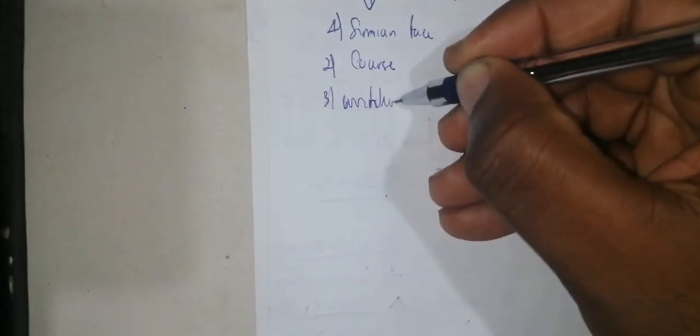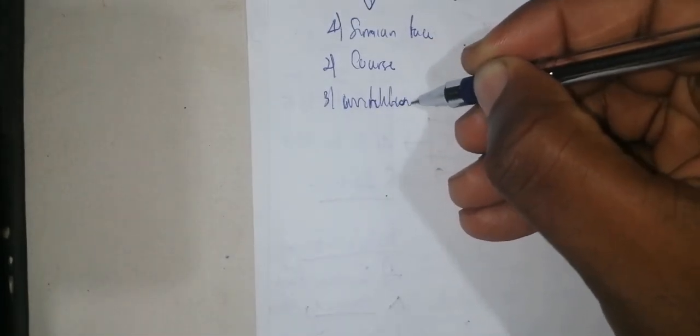So in patients with marasmic kwashiorkor, they have features of marasmus. That is, their face is going to be like an old man or like a monkey, which is called simian face. The second element is that they can have coarse, sparse hair. They are going to have wrinkling of the skin.